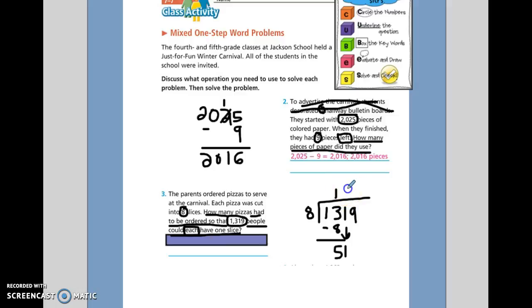And it goes in 6 times. 8 times 6 is 48. I can go ahead and do my subtraction here. Can't do 1 minus 8, so I'm going to borrow from here, make this a 4. Make this another 1, so 11 minus 8, 3. And bring on down my 9.